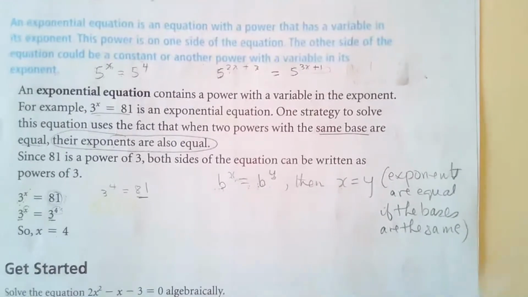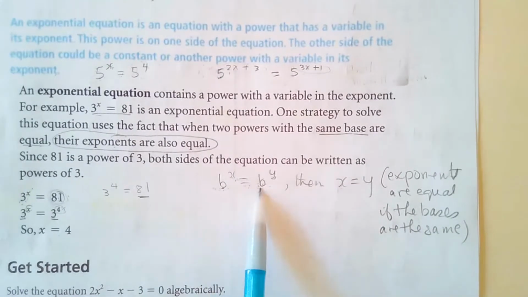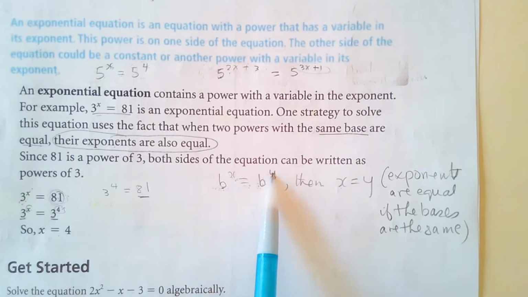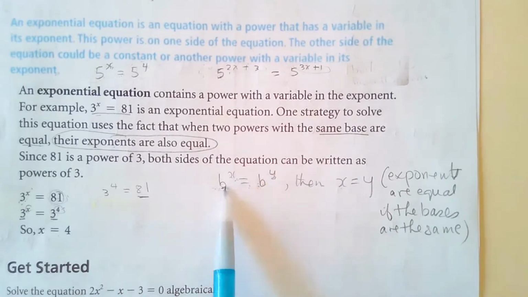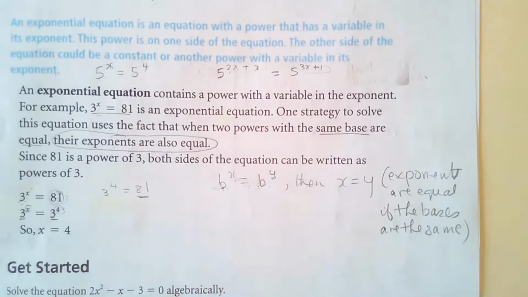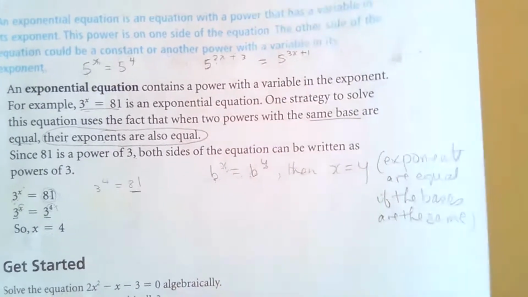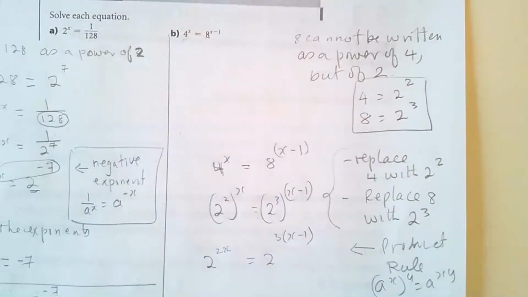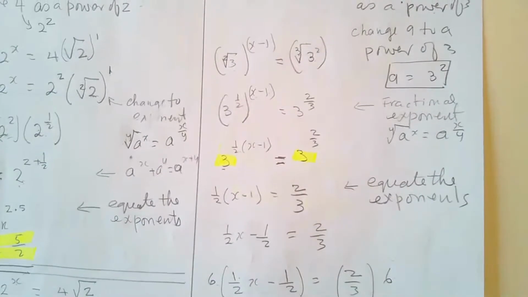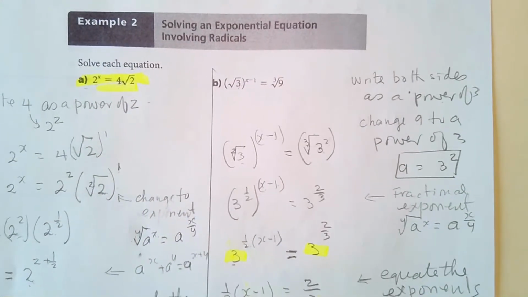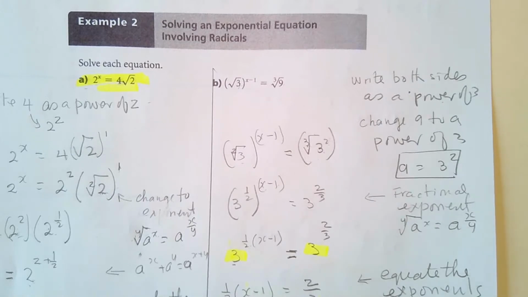And we conclude from that, if the bases are the same, then the exponents are equal. So our goal is to find the common bases, and therefore solve the equations for the exponent. We looked at using common bases, and then we used ones that involve radicals. So there are two types, involving radicals and involving bases.